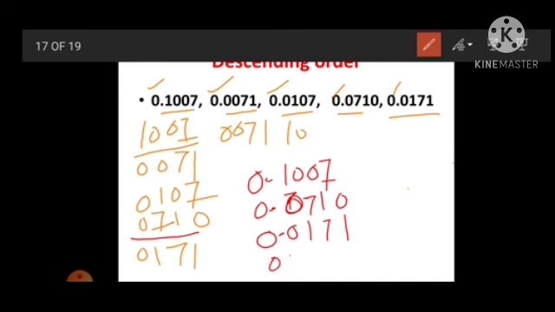Then 0.0107, and last we write 0.0071. Understood, students, how to write? Okay.